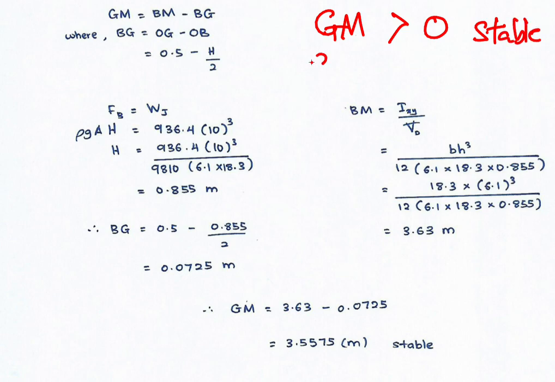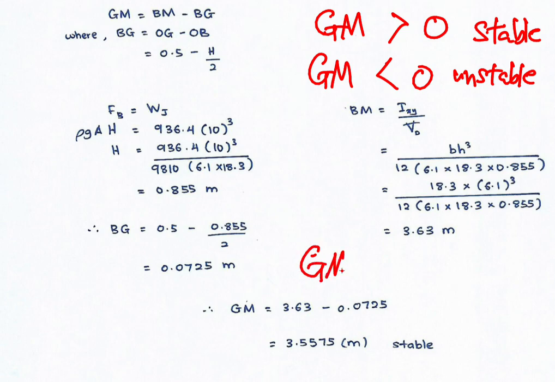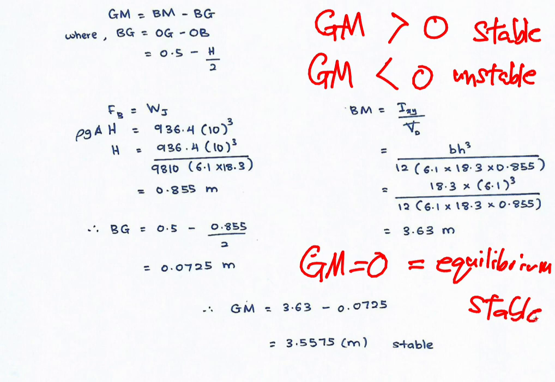If the distance GM is less than 0, it becomes unstable. And if GM is equal to 0, we call it equilibrium stable. I will explain equilibrium stable later on.